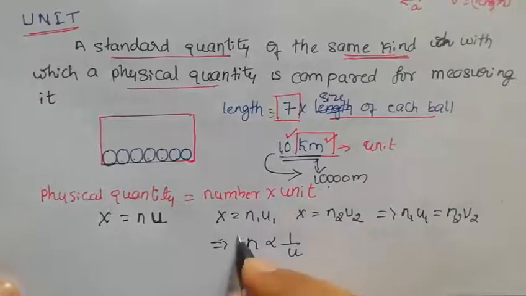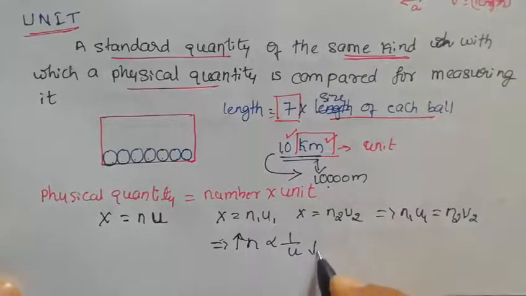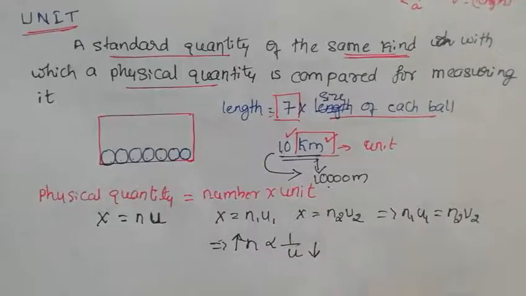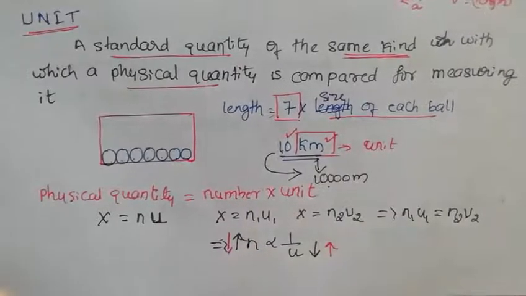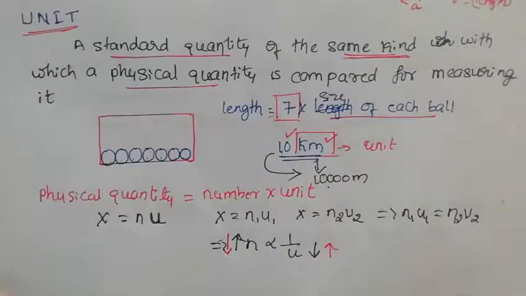If you increase the number, unit will decrease. If you increase the unit, the number will decrease. The number and unit are inversely proportional to each other. When you increase one quantity, the other becomes less.